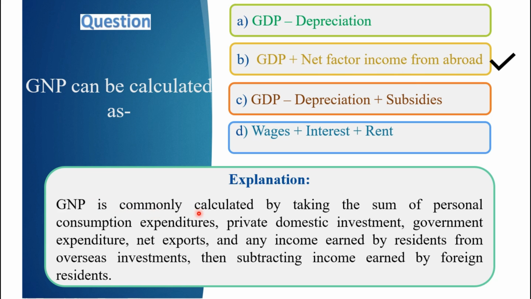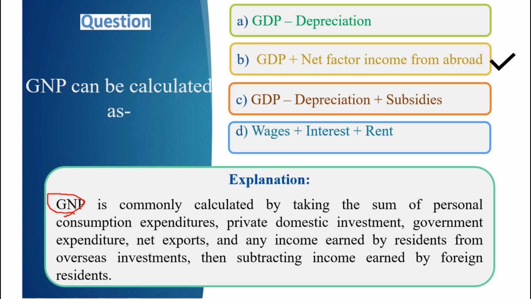GNP is commonly calculated by taking the sum of personal consumption expenditure, private domestic investment, government expenditure, net export, and any income earned by the resident from overseas investment, then subtracting income earned by foreign residents. In this slide, GNP means gross national product.